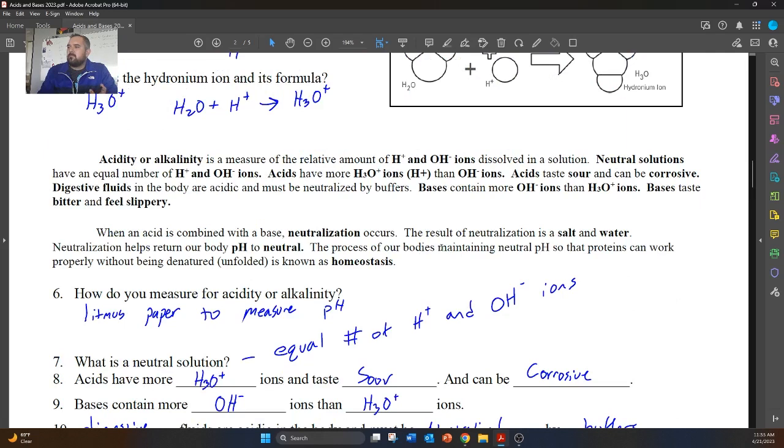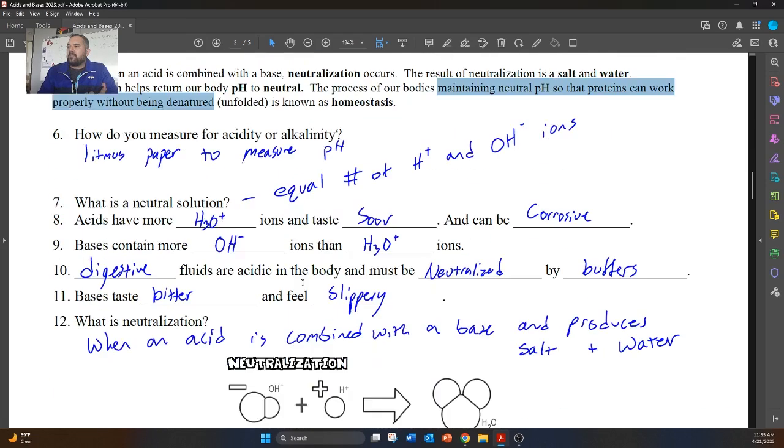Why is the water molecule so important for organisms? Do you see what I highlighted? Maintaining neutral pH so that proteins can work properly without being injured. All right, that's correct.